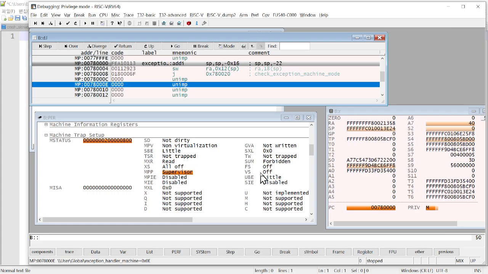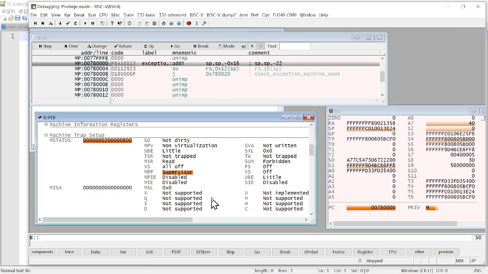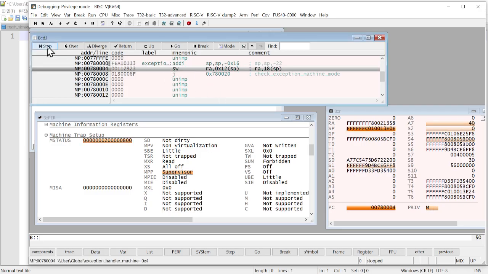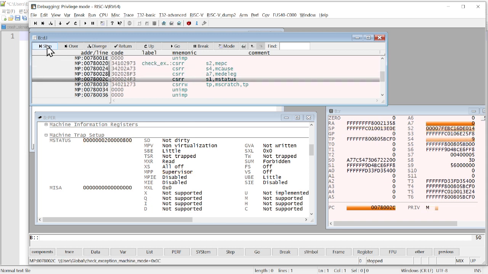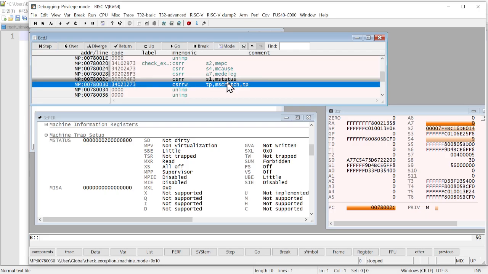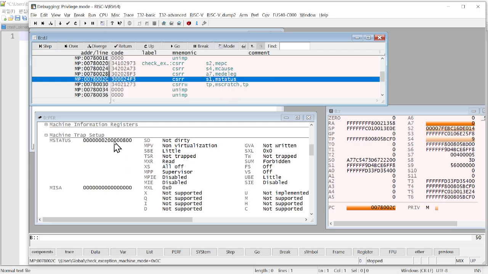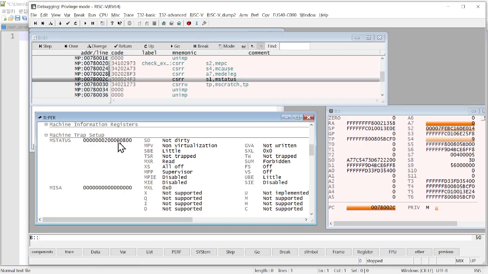Moving back to the main topic, please take a look at this. Now you can see the MPP bit field is updated to supervisor mode. Now let's do another interesting debugging. Run this assembly instruction. At this point, we are about to read the value of the mstatus register. Now, the current value of the machine status register is displayed like this.